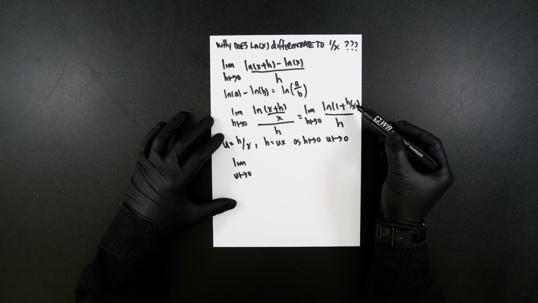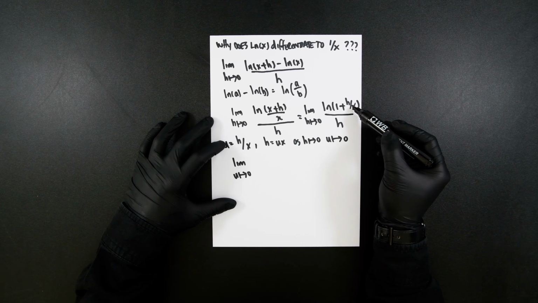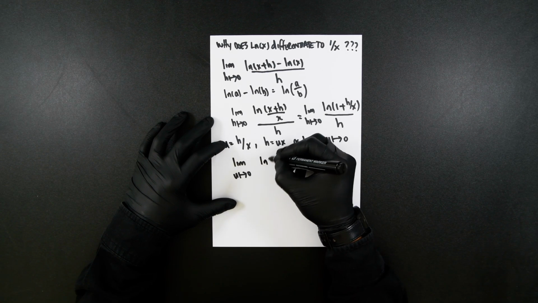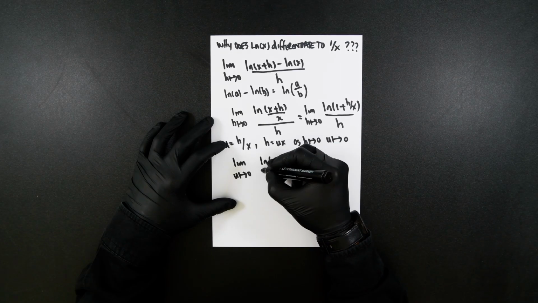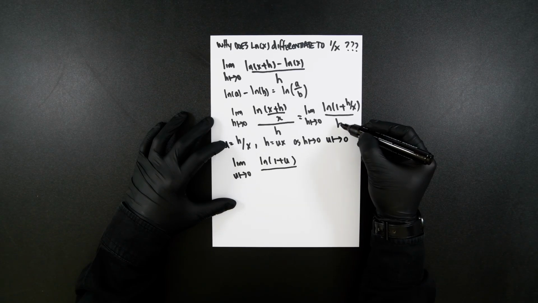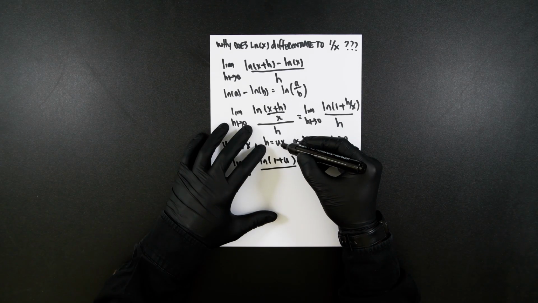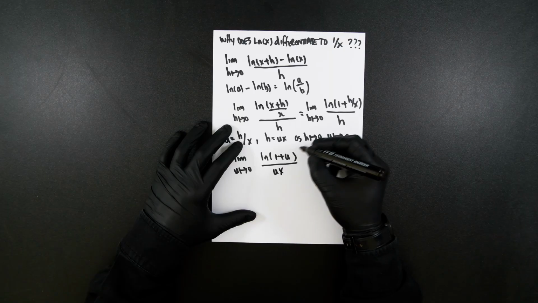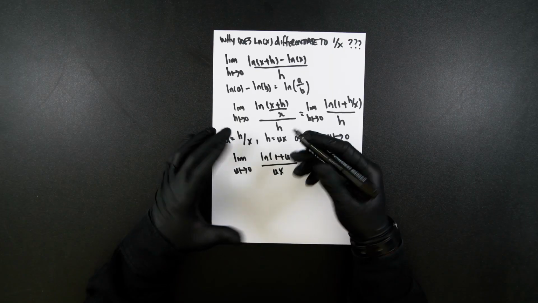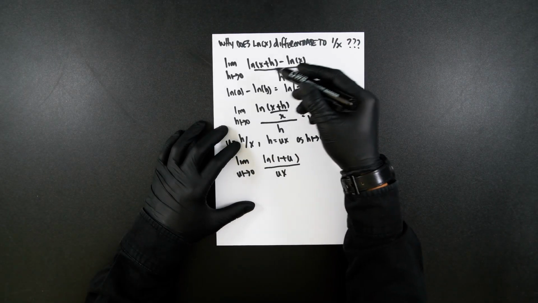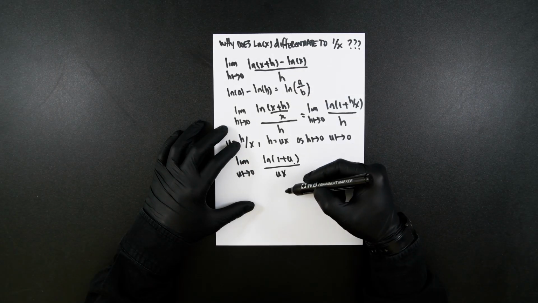We have h over x, which we know to be u, so it can be ln(1 plus u), but we have this h in the bottom here that can be substituted for ux. So now we've changed the whole function from x's and h's to u and x's.